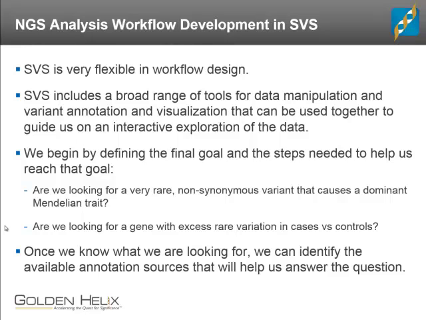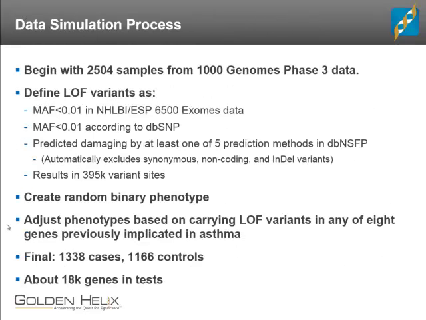Now, the data that we'll be looking at here comes from the 1,000 Genomes Phase 3 release. With Phase 3 of the 1,000 Genomes project, we have whole genome data available for over 2,500 individuals. From that data, we went through a simple process to simulate a phenotype based on asthma. Asthma, of course, is a complex disease with complex genetic biology underlying it.